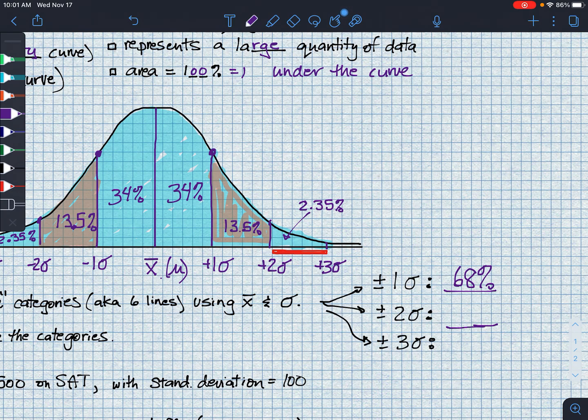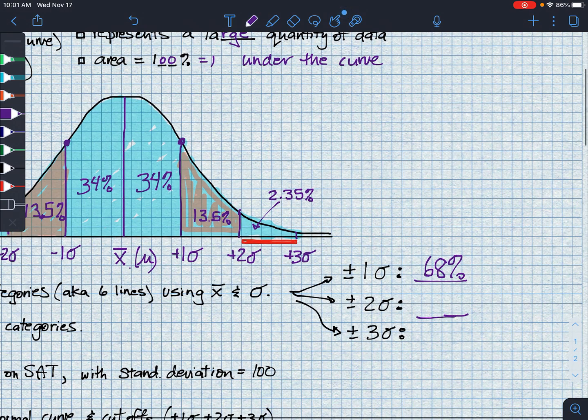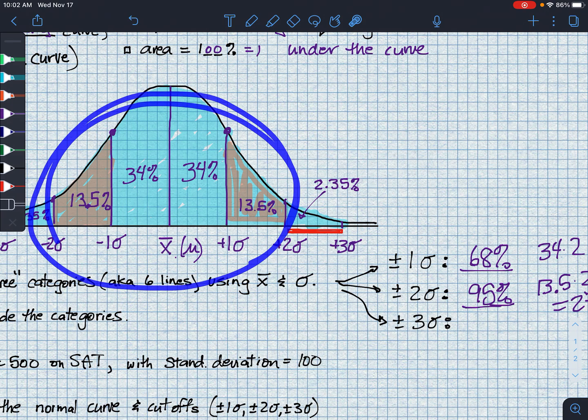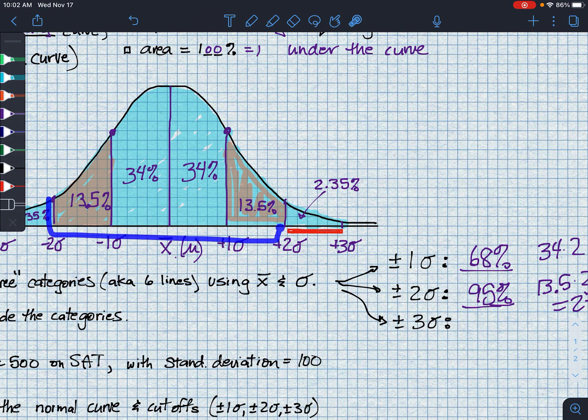Now, if I take then the 13.5, okay, 13.5 times 2 is 27, and I add that to the 68, then I get 95% of the data is living within 2 standard deviations. Again, that would be everything from here to here, 95.